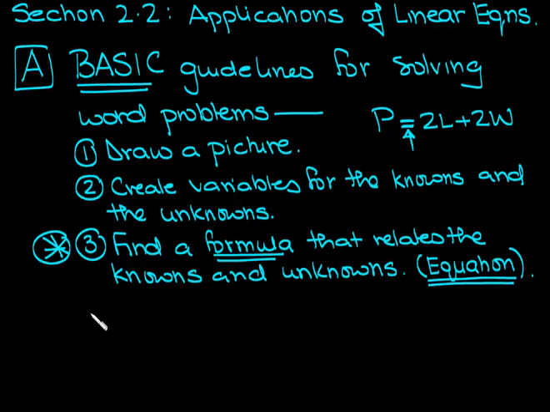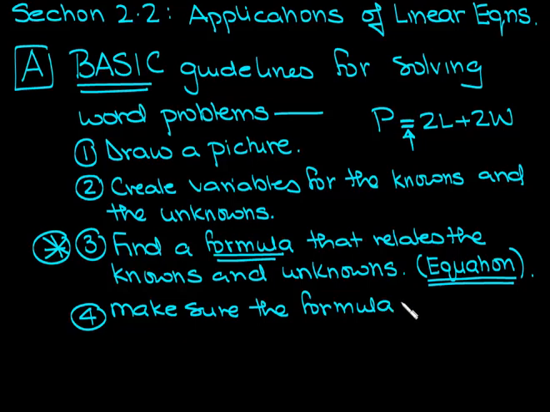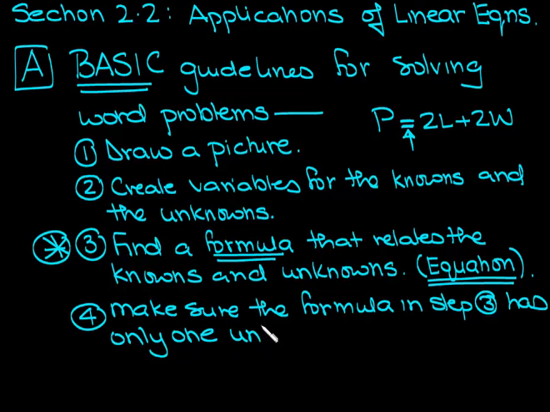The next thing we want to do is we want to make sure the formula in step 3 has only one unknown. So for example, this formula right here has 3 unknowns: perimeter, length, and width.